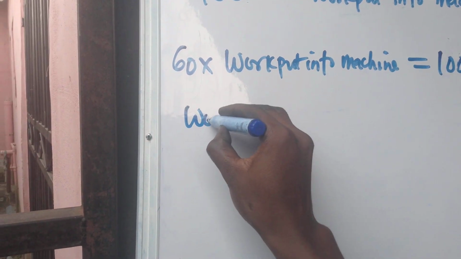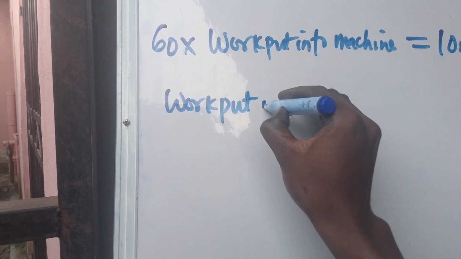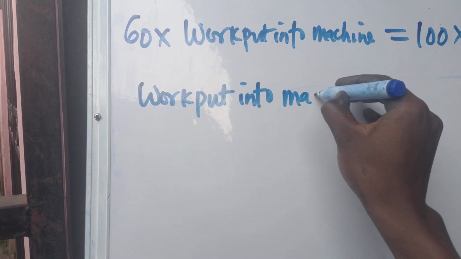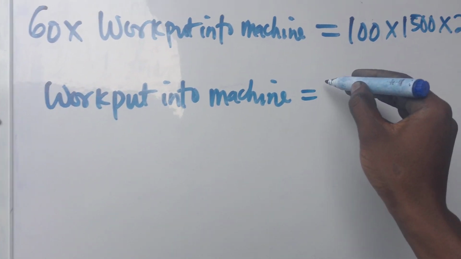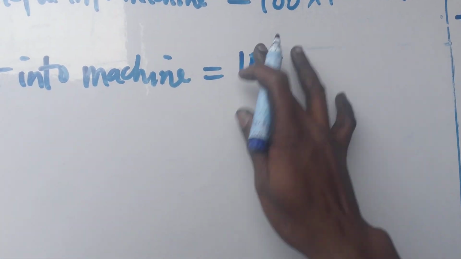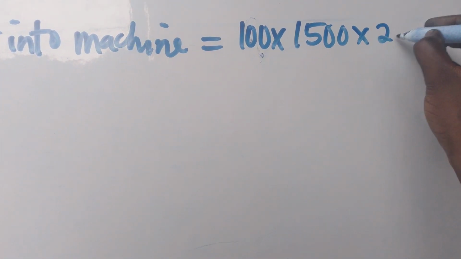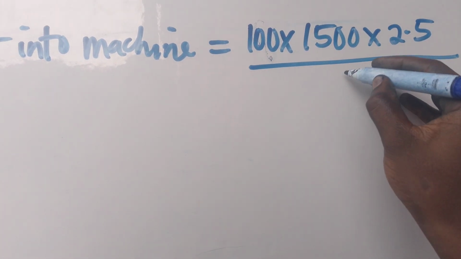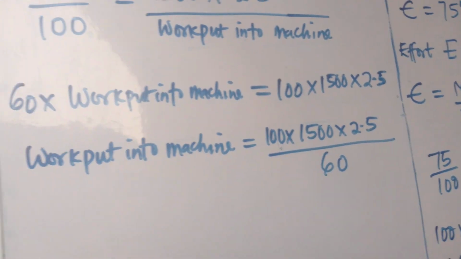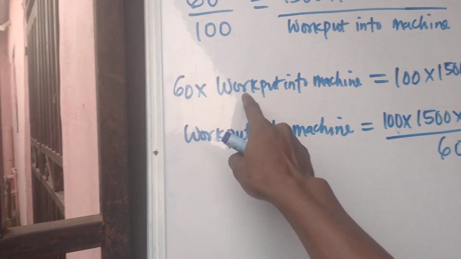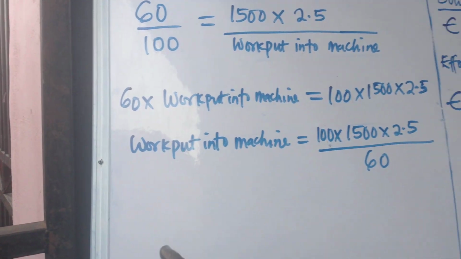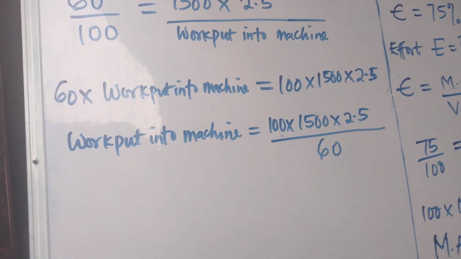Now the work put into machine will be 100 times 1500 times 2.5 divided by 60. That's when I divide by the coefficient of work put into machine, which is 60. So when I divide by 60, I'll have that.